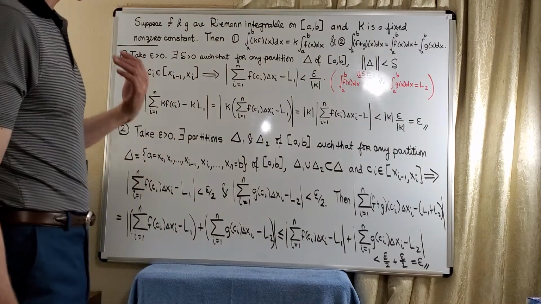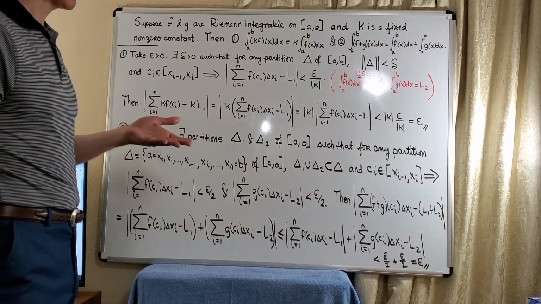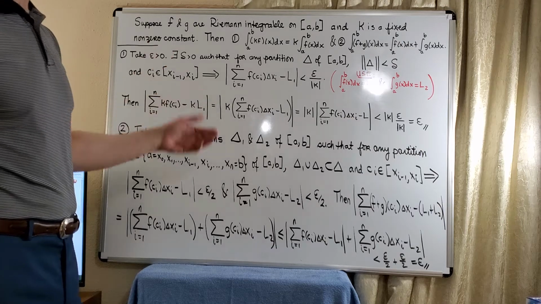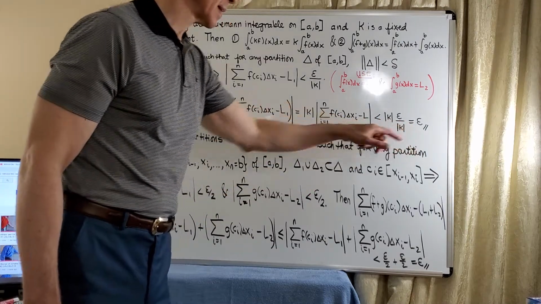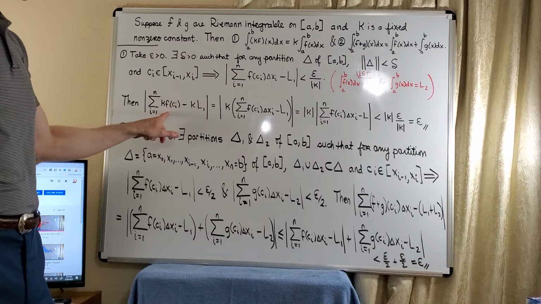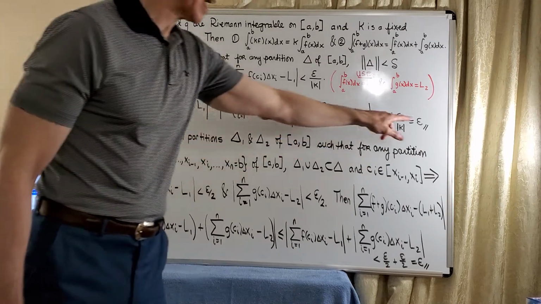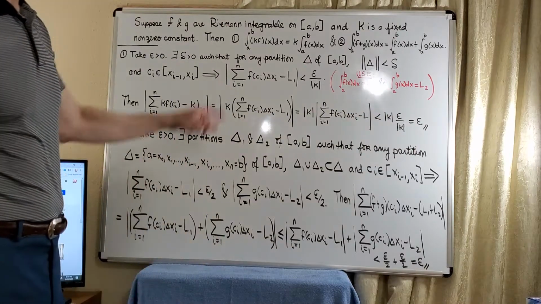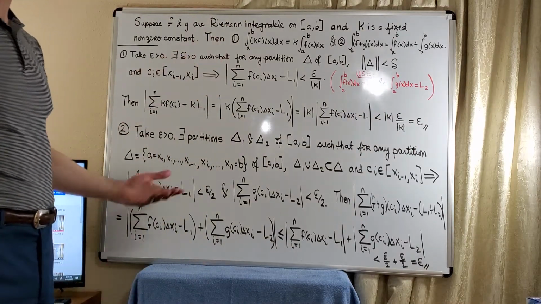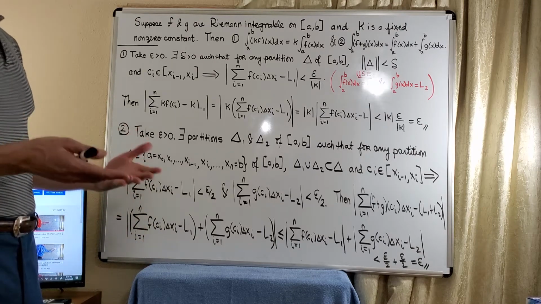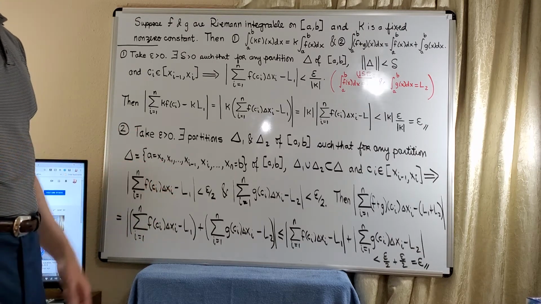So if f is integrable, then we're showing that kf is integrable. We know what its value is, and we can make clearly the Riemann sum as close as you like to k times L1 as we've shown here. So number one is valid, and of course we always thought that, but we still need to, like I say, we need to verify these things.